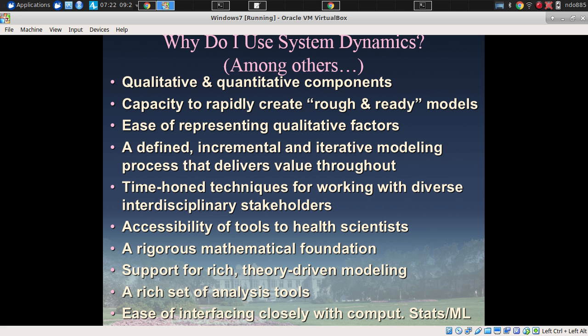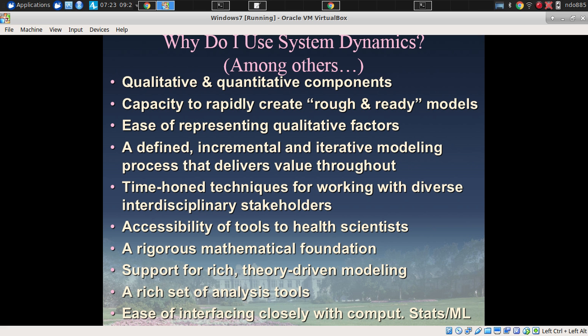It supports rich theory-driven modeling. There's enormous literatures out there that characterize systems in terms that can be translated on a one-to-one basis into system dynamics models, even though they may not phrase their model in the language of system dynamics.